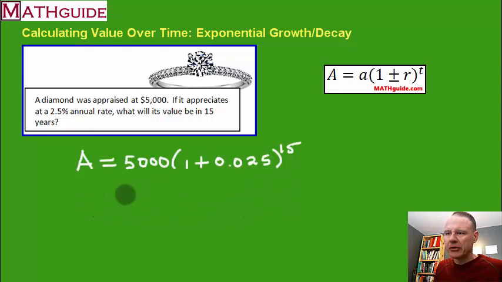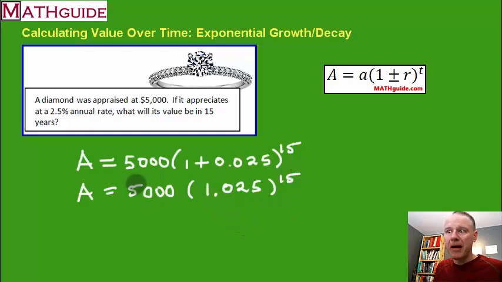Okay, so let's plug this in. Well, not yet. I'm not going to plug it into a calculator yet. First thing I'm going to do is add these two, and this is going to be 1.025. So that means the 1 stands for you keep the original amount, but now you're gaining 2.5%.